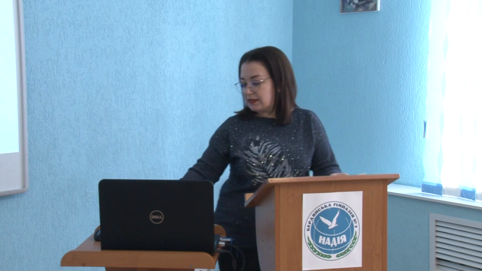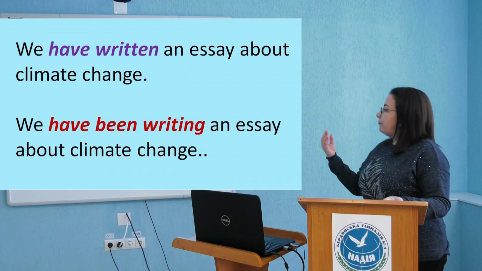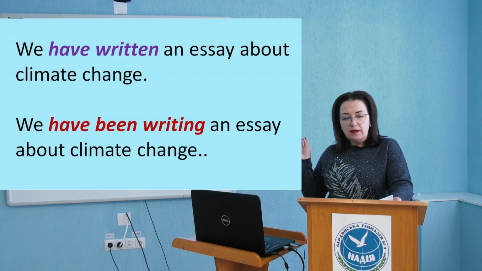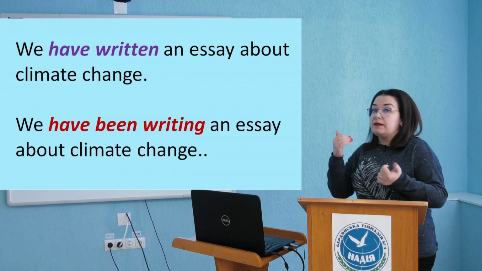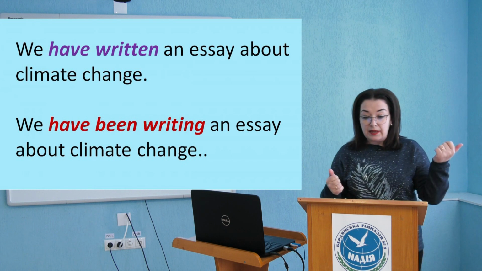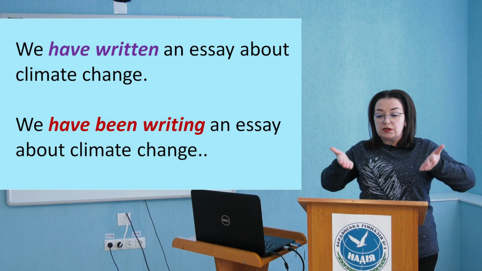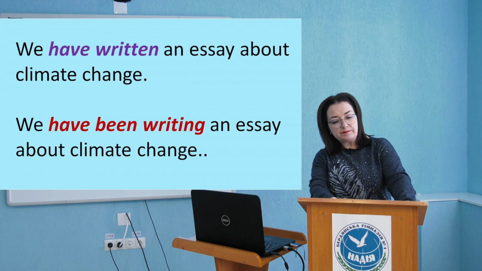Let's try another example. We have written an essay about climate change. Good example. The action here is finished. It's in the past. We have already completed it. So you can also say we wrote an essay about climate change using the past simple. But to connect it to the present and make it important to the present, you need to use only the present perfect tense.